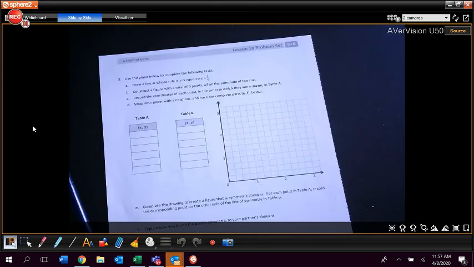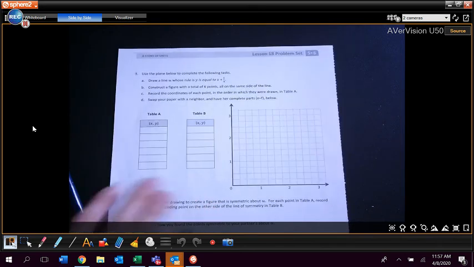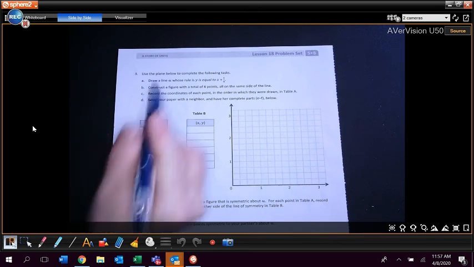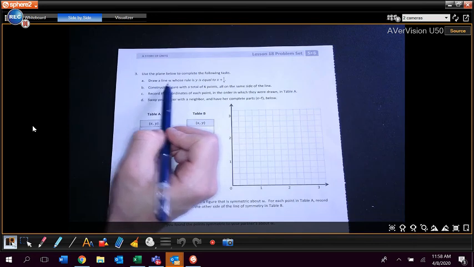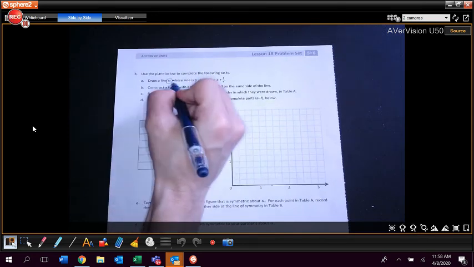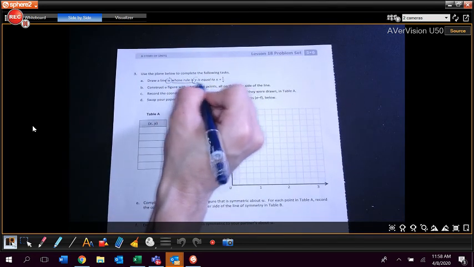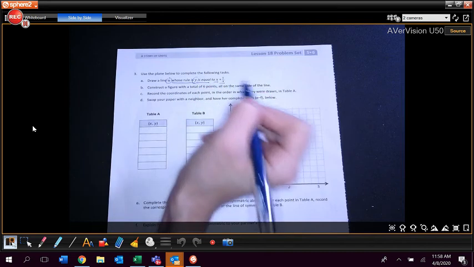Alright, so for this one, guys, it is going to be very different on everyone, and I would not want to confuse you because the answers will vary. However, I do want to go over letter A. So it's asking, draw a line U whose rule is y is equal to x plus 1/4.